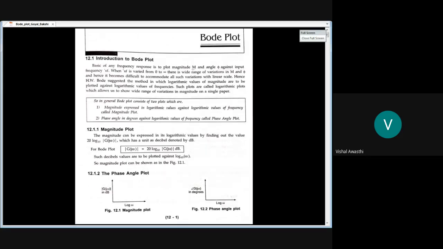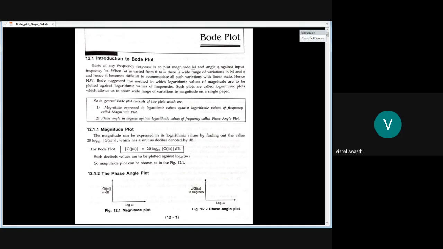We have taught about the Bode plot of gain, poles or zeros at origin, and simple poles and simple zeros. So I'm going to proceed with this topic for quadratic poles or zeros.